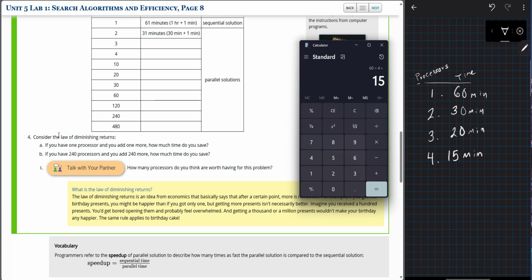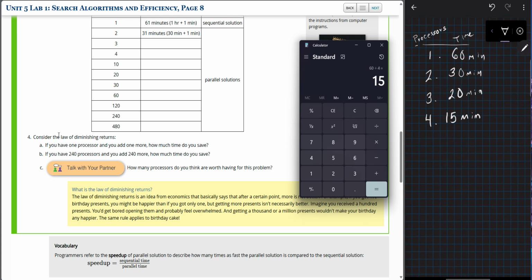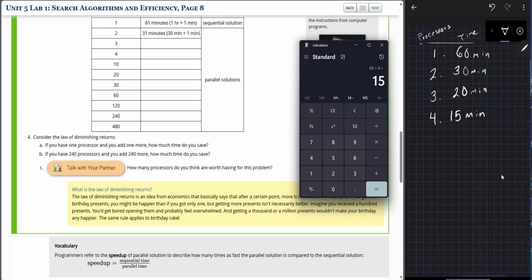So for example, here in question 4a, if you have one processor and you add one more, how much time do you save? So in this example, we had one processor, we're taking 60 minutes. When we have two processors, we save 30. So we saved half.